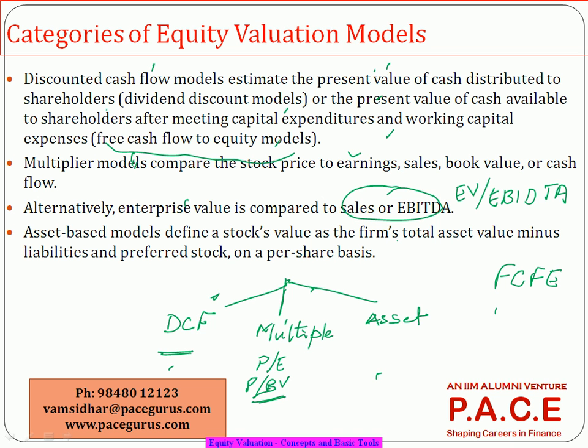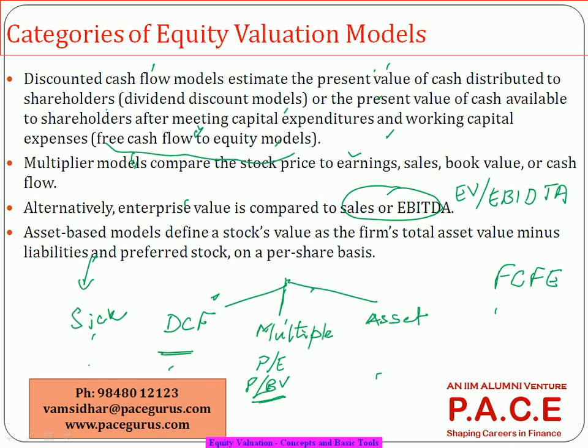And finally, the asset base. So we are simply looking at the total value of the assets minus the liabilities, and then finding it out on a per share basis, which is what an asset based valuation model is, generally applied for companies which don't have too much of a future, generally sick units, right, where the operations are not that great.